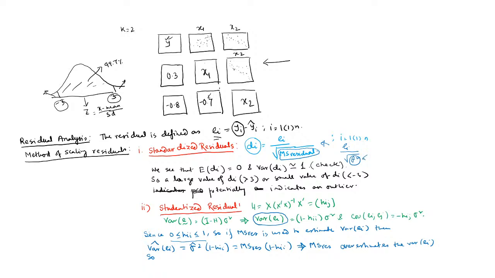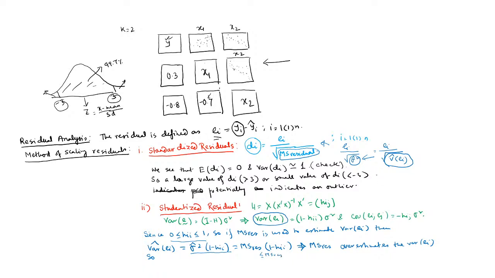But it should be e_i divided by root over the estimated variance of e_i, which is sigma hat square times (1 minus h_ii), that is MS due to residual times (1 minus h_ii). Since h_ii lies between 0 and 1, this is less than or equal to MS due to residual.